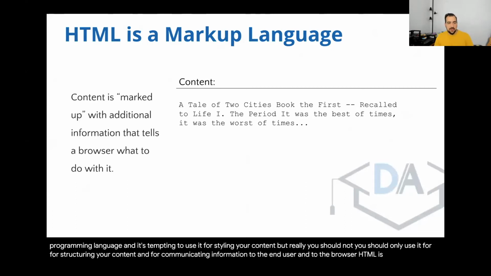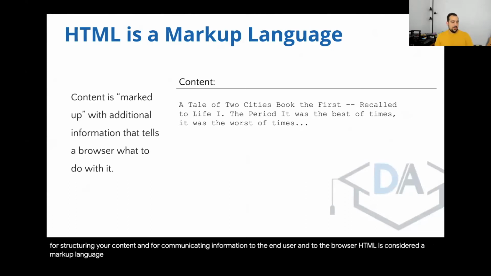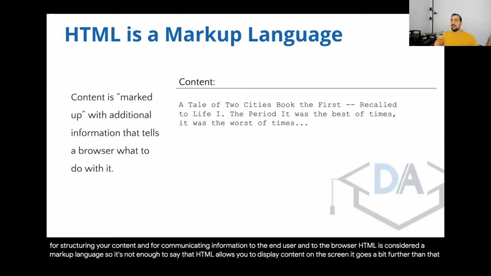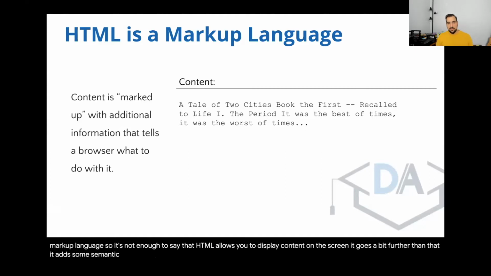HTML is considered a markup language. So it's not enough to say that HTML allows you to display content on the screen. It goes a bit further than that. It adds some semantic context to the content. So if HTML simply displayed content, this is what it might look like, right?